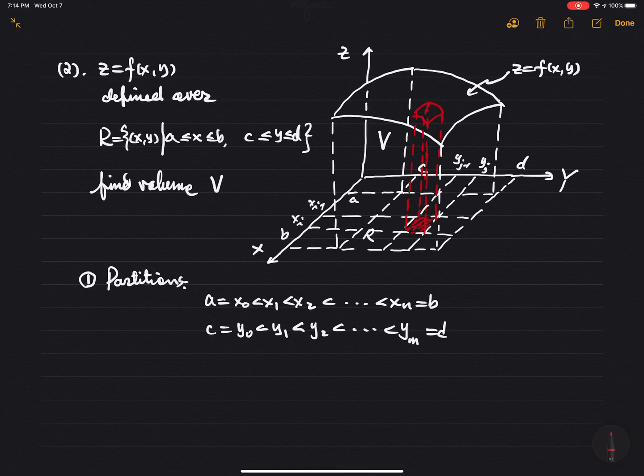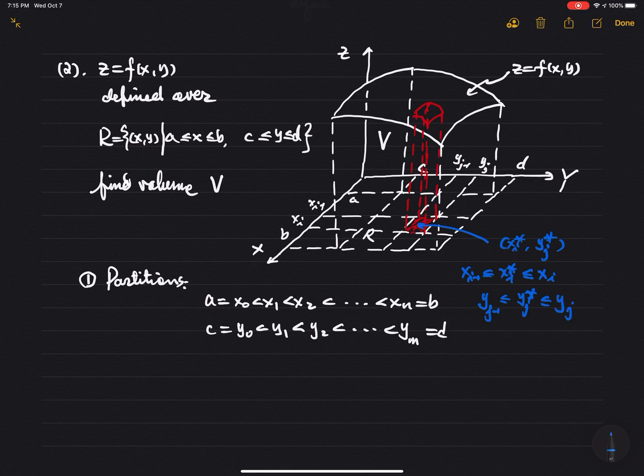And then, we pick a point here. This point we say is (x_i*, y_j*), where x_i* is between x_{i-1} and x_i, and y_j* is between y_{j-1} and y_j.